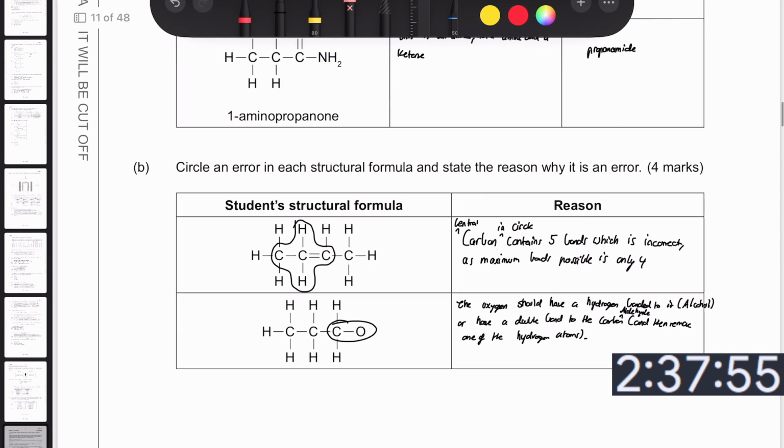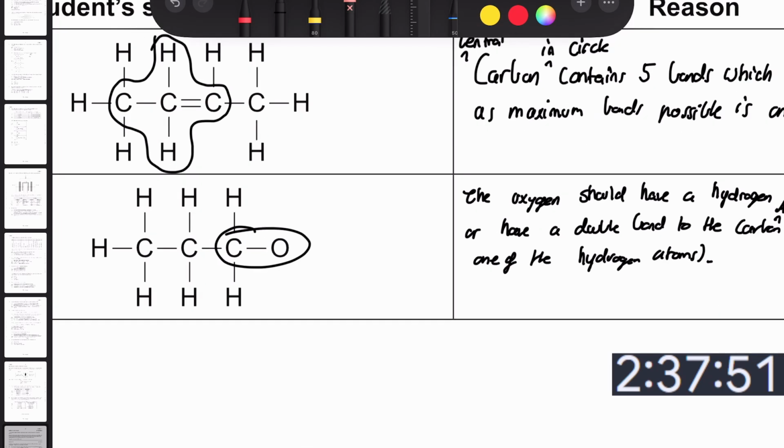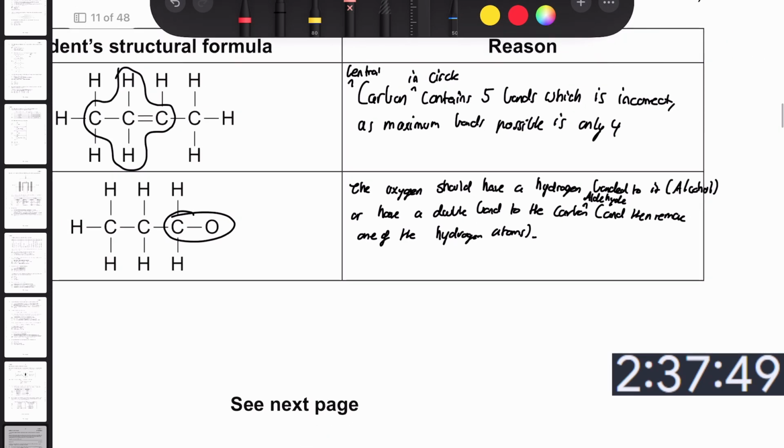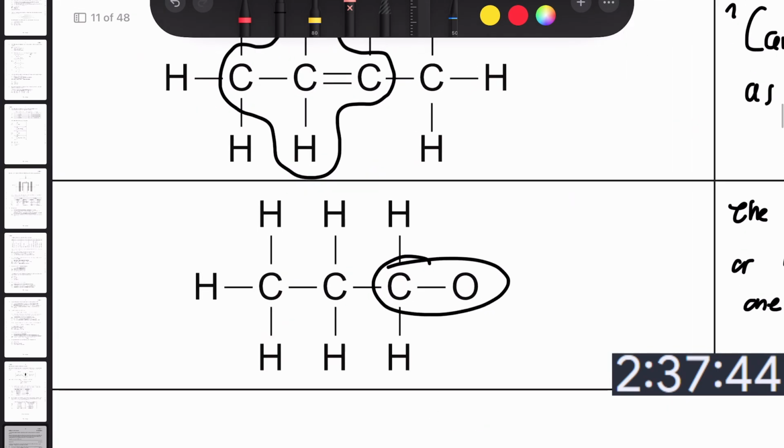Yeah, oxygens should have a hydrogen bonded to it, or have a double bond to the carbon. I think that's the error.